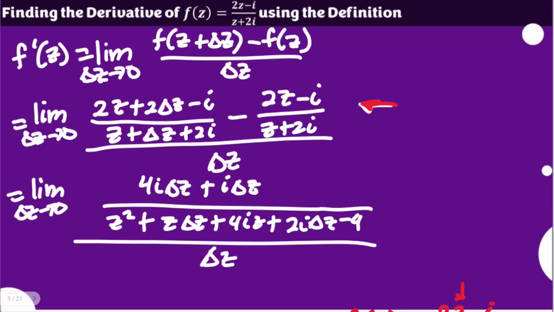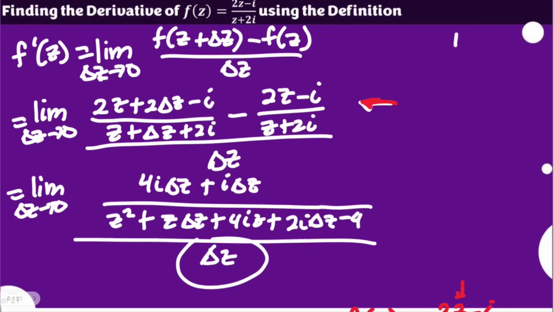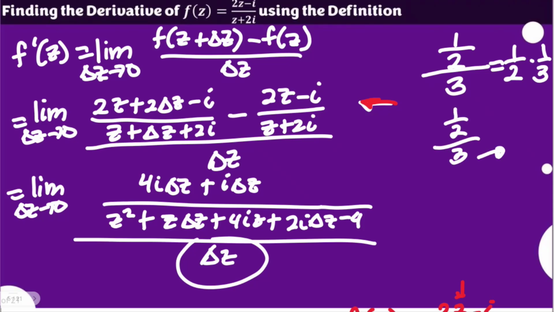Now, in the previous video, you were also able to talk about this. The reason why we need this here is because some concepts will be applied. The keep, change, flip method: you are having nested rational expressions, so you change the operation, division, and reciprocate the denominator. Or you can also use this concept, 1/2 over 3. Of course, when you do keep, change, flip, that's 1/2 times the reciprocal of the denominator, which is 1/3. Or simply take out that 3, making it 1/3.